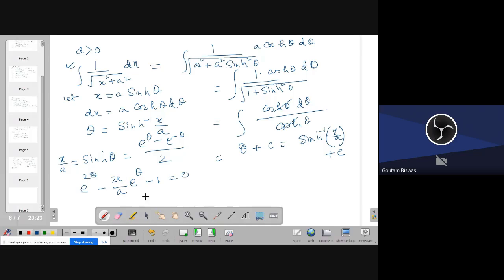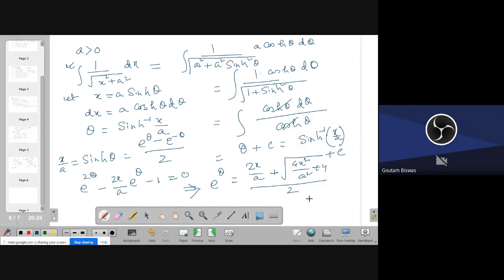So this is an equation, and its solution is e to the power theta equal to 2x by a plus root over 4x square by a square plus 4, divided by 2.